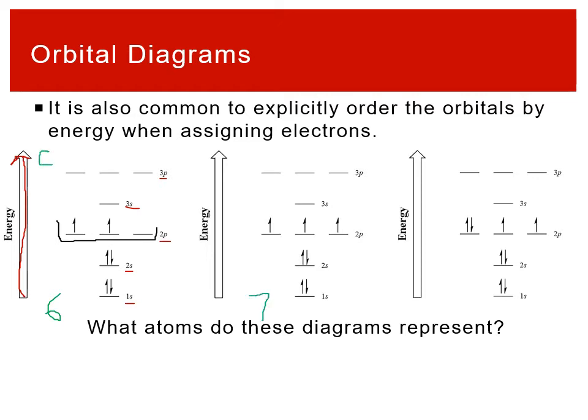I moved up to 7, where that 7th follows Hund's rule, so this is nitrogen. And then I have 1, 2, 3, 4, 5, 6, 7, 8, so if I have 8, oxygen. We can see that these are just the atoms one after the other. You could have also realized they went up one at a time, so it was just following along the periodic table.